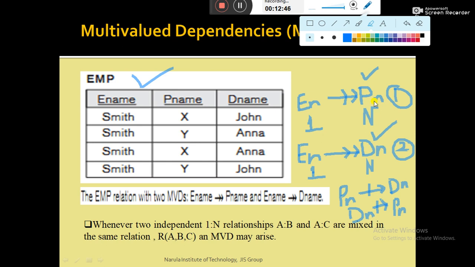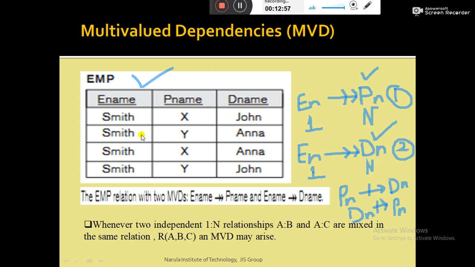But if pn and dn have some kind of relationship, then we can't say that an MVD exists there. Now just check whether the relation EMP has an MVD or not. First we have to check whether a 1:n relationship exists or not. If we provide employee name Smith, how many pname values do we have?